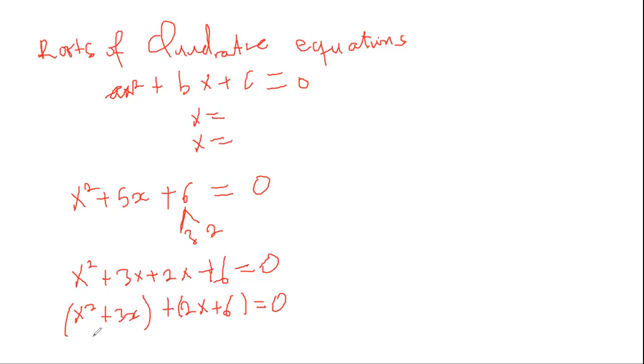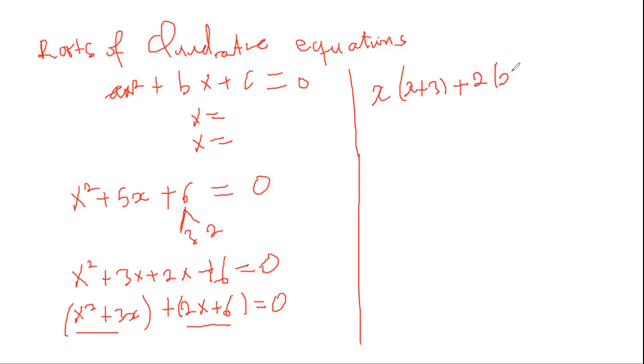So once that is done, we are going to identify the common factor in the first bracket and the common factor in the second bracket. So the common factor in the first bracket is x, so that will be x into x plus 3. Then in the second bracket, the common factor will be 2. So once it is pulled out, we also remain with x plus 3 equaling 0.